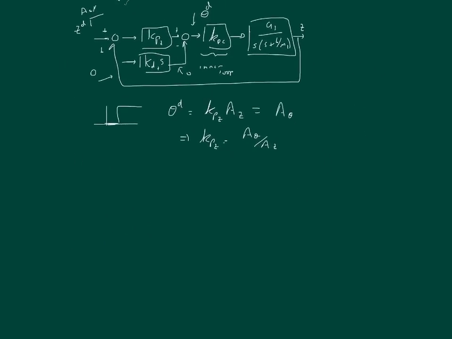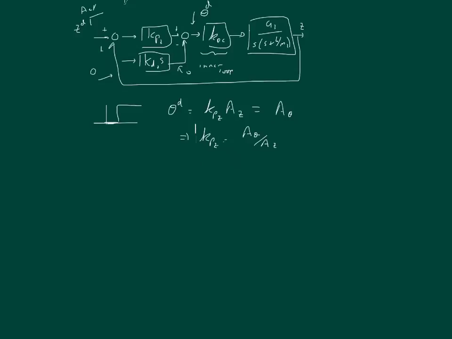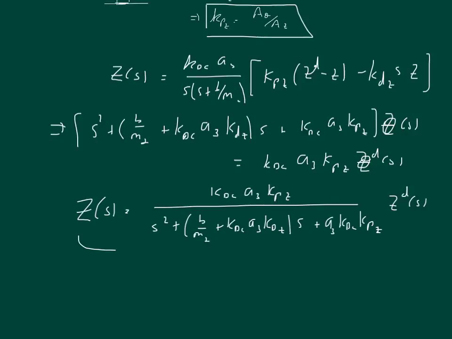Okay, so there's our expression for the proportional gain on the outer loop, and now we just need to find the derivative gain by setting the actual transfer function equal to the desired transfer function. So the actual transfer function, after a little bit of manipulation, can be derived by this expression.